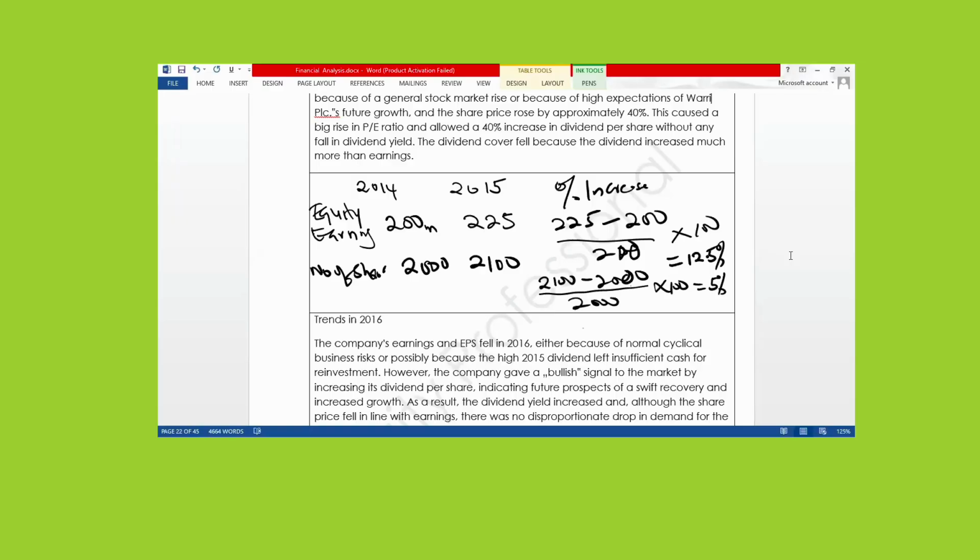This resulted in a fall in dividend cover. The increase in earnings is less than the increase in dividend per share. Your earnings increased by 12.5%, you now increase your dividend by 40%. Yes, please.